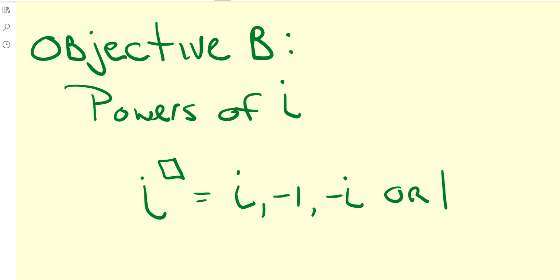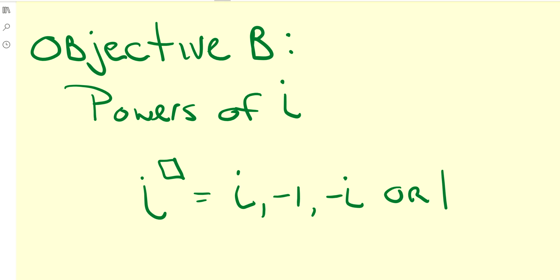If I want to simplify i raised to a larger power, like i to the 25th, what's it going to equal? It's going to equal i, negative 1, negative i, or 1. And that's what our next objective is to presume.